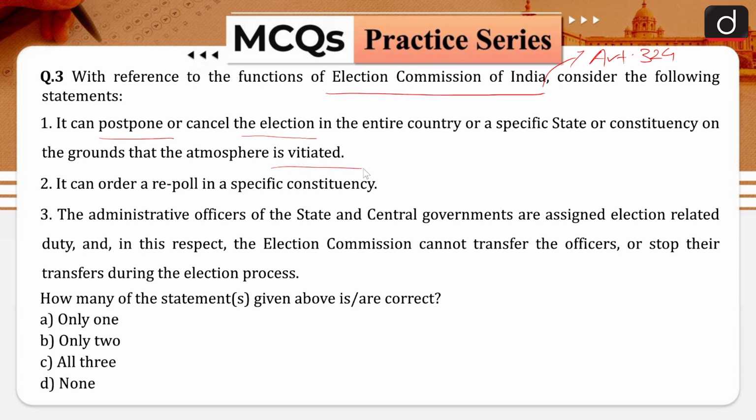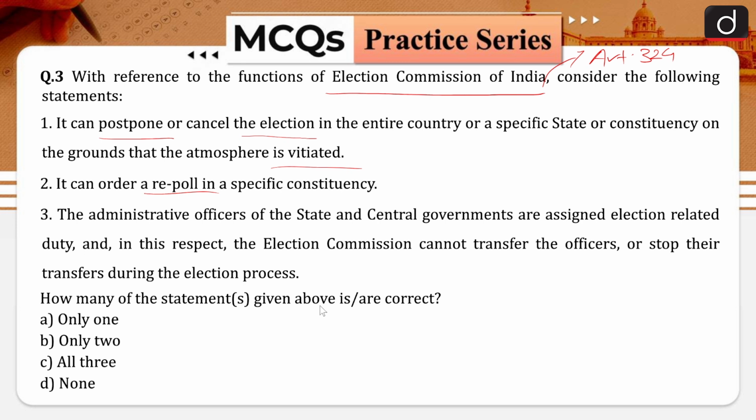Option 2, it can order a re-poll in a specific constituency. Option 3 is the administrative officers of the state and central governments are assigned election related duty, and in this respect the election commission cannot transfer the officers or stop their transfers during the election process.